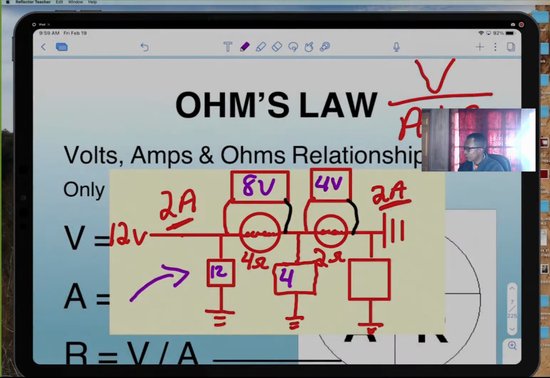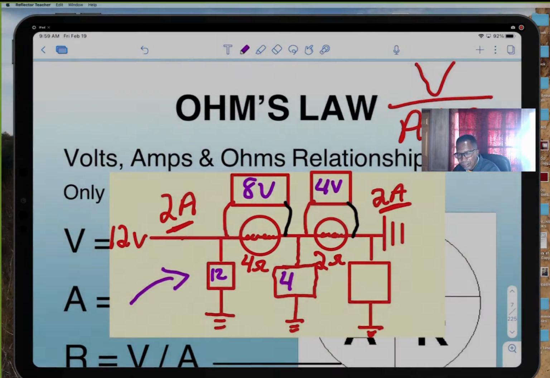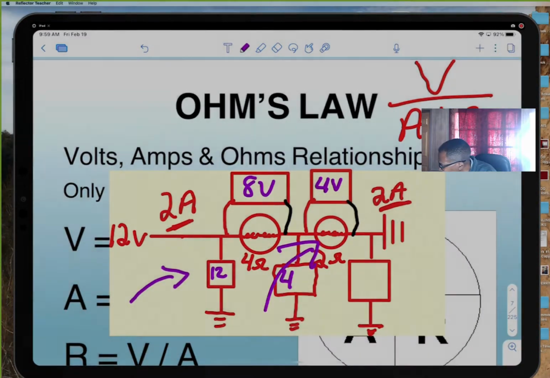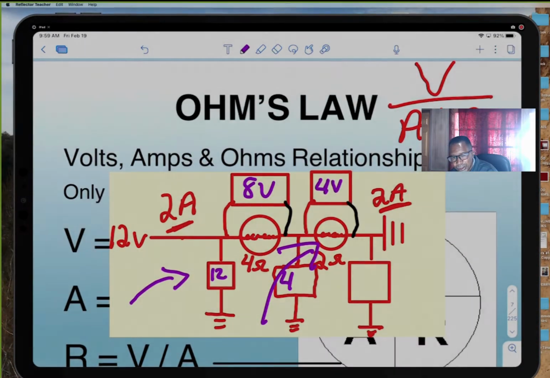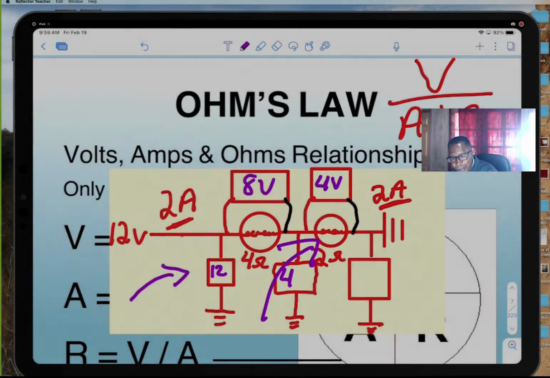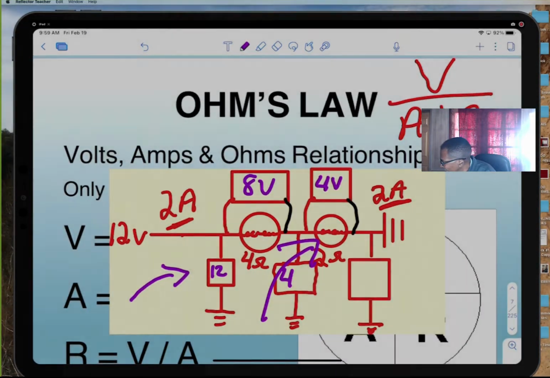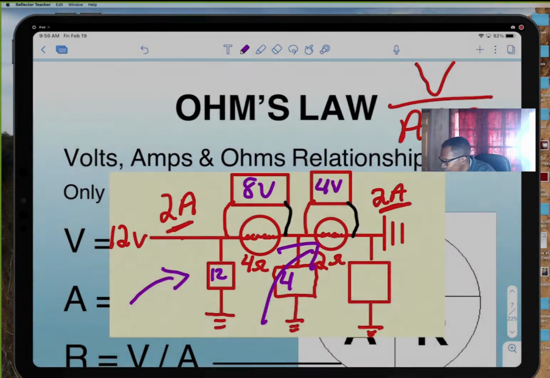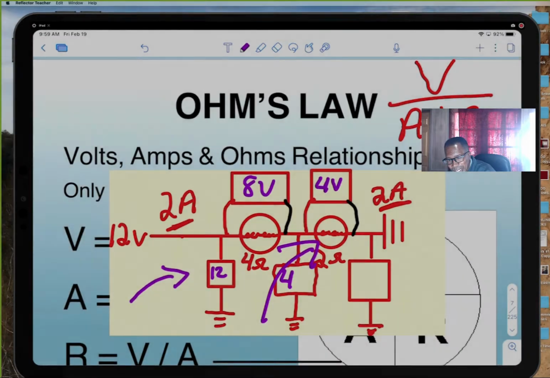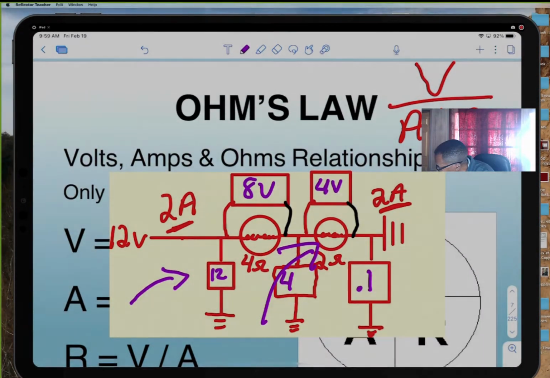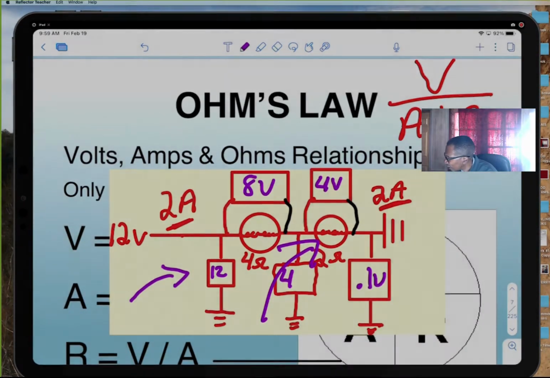Now 4 volts is going to the second load device, which is 2 ohms. That's using up 4, we figured out. What's left over after that one is going to be what? Nothing. Right, exactly. Near 0 volts.